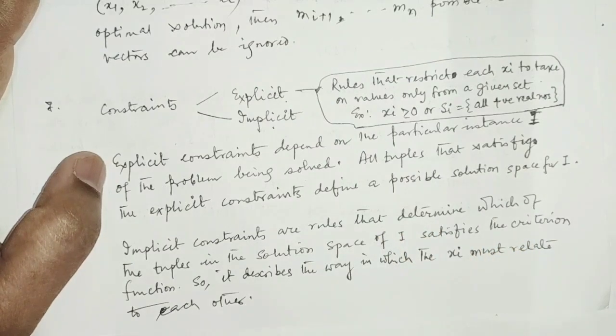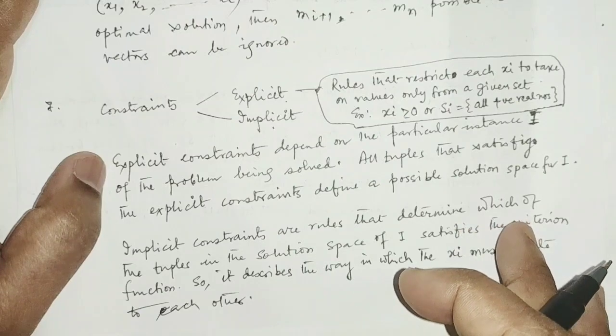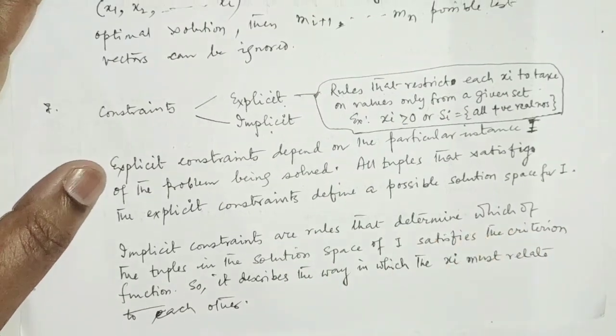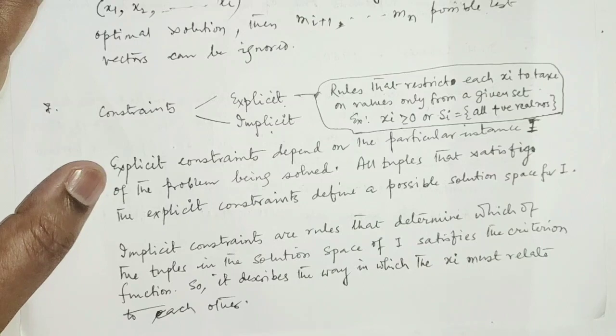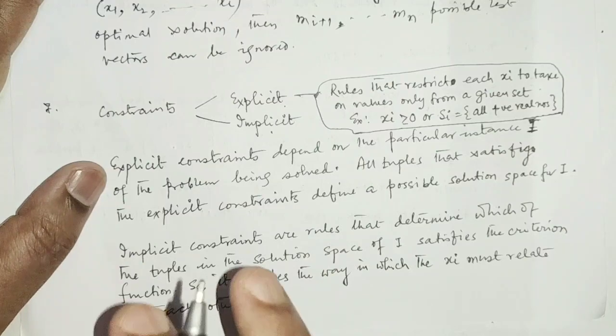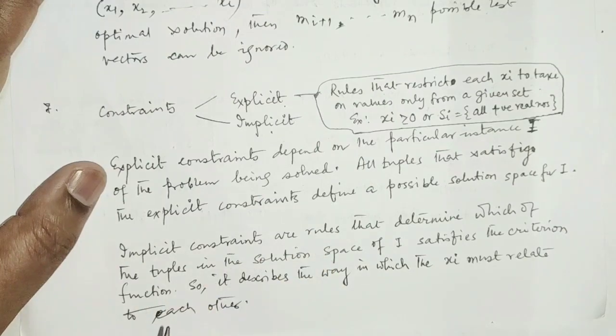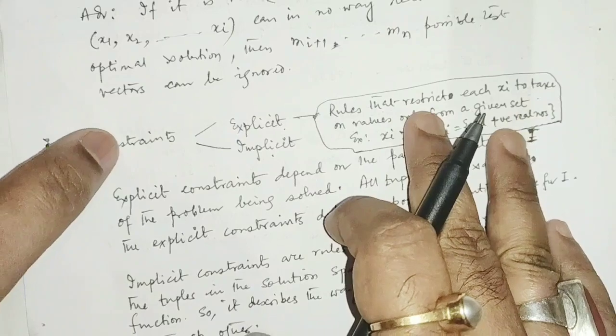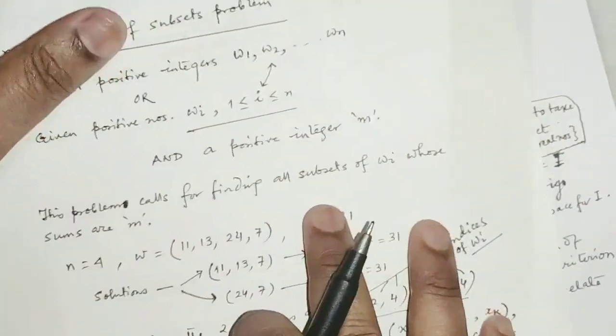I will again come back to the Queen's problem in my next lecture. There you will find the implicit and explicit constants also. So let us take a problem which I have not planned to discuss in future. From that example, how these two constants are related, what explicit constants are, what implicit constants are, would be more clear. So a very simple example I have taken in support of it.